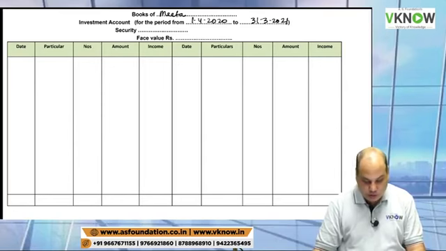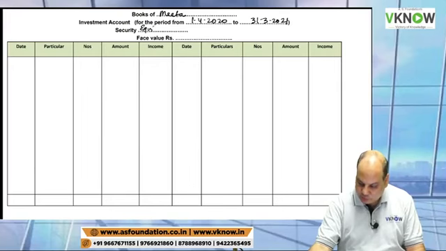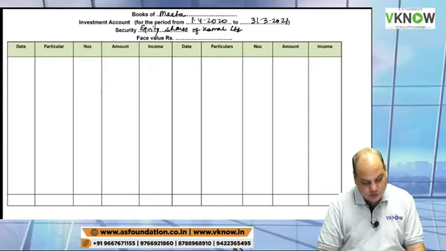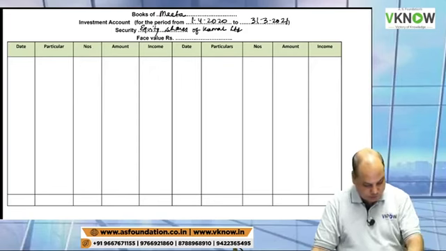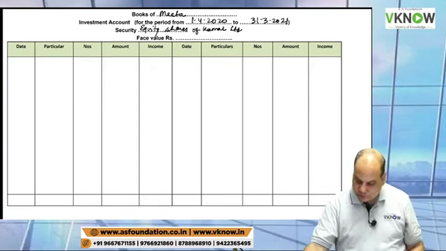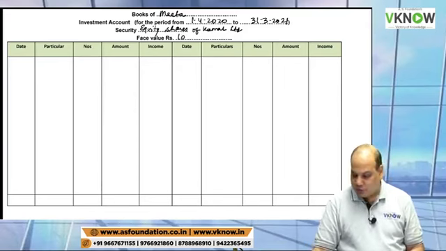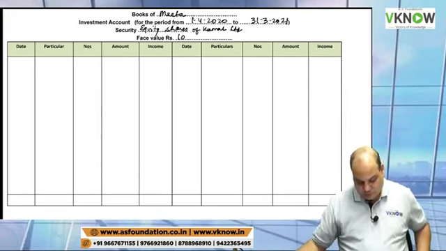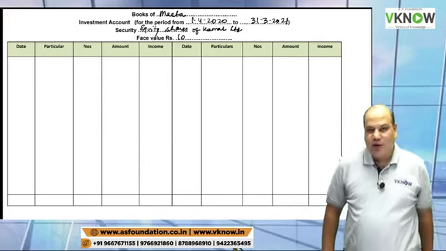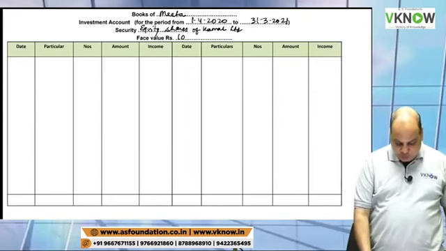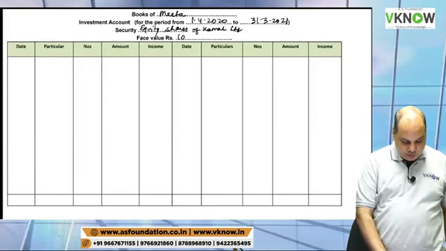This time the securities are equity shares of Kamal Limited, and the face value of the equity share is 10 rupees. Draw the format. Once it is ready, please tell me. There is only one purchase and only one sale.